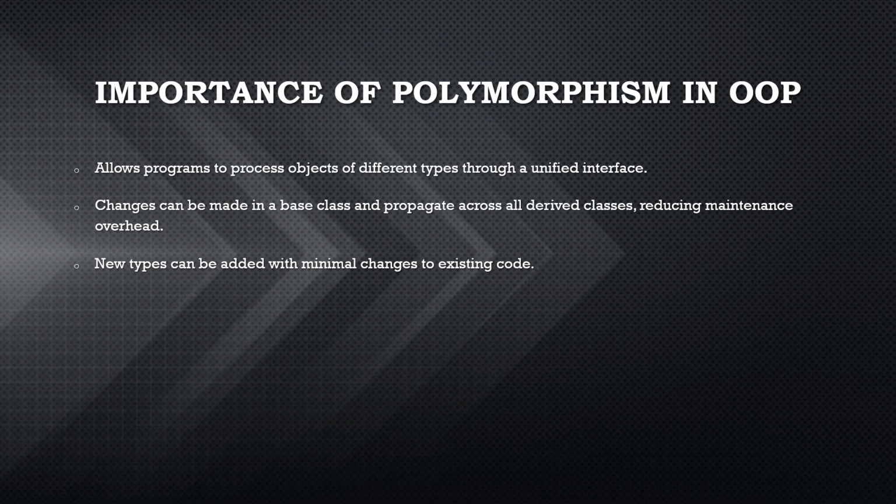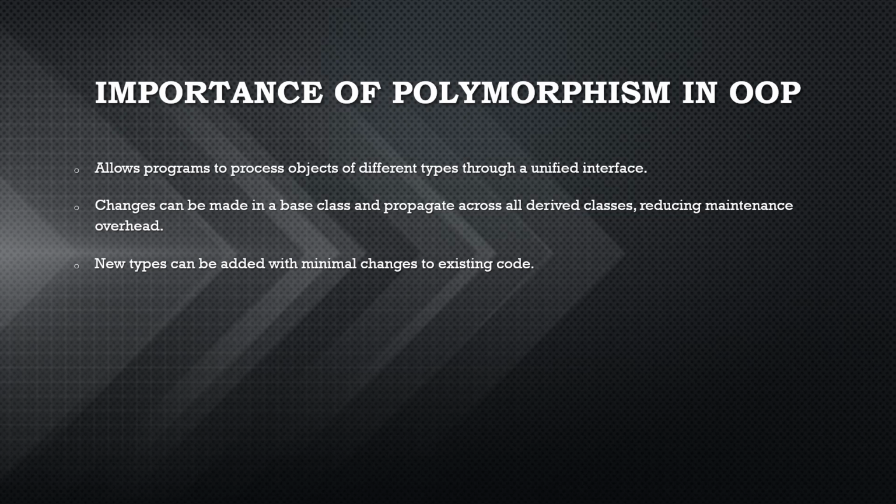Polymorphism plays a crucial role in object-oriented programming by providing several key benefits. First, it offers flexibility, allowing programs to process objects of different types through a unified interface, which simplifies code and enhances functionality. Second, it improves maintainability, as changes made in a base class automatically propagate to all derived classes, significantly reducing maintenance overhead.